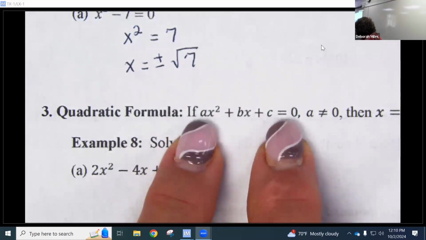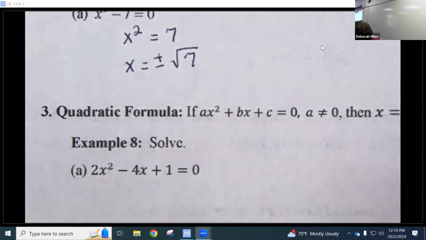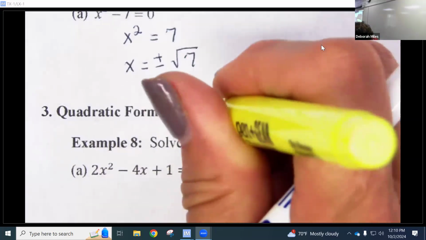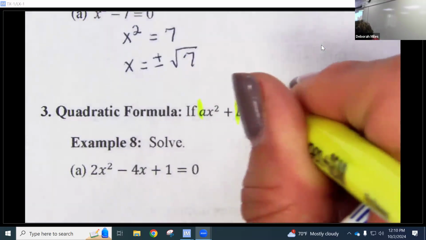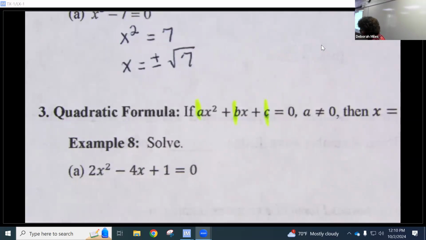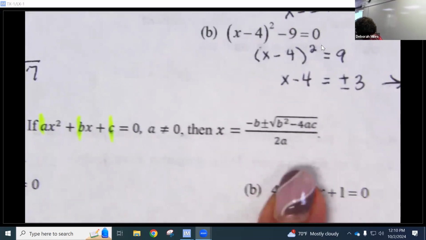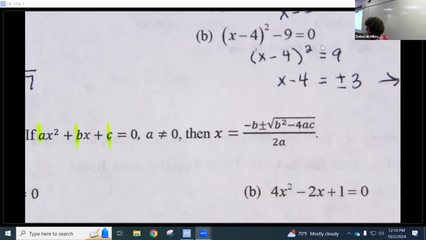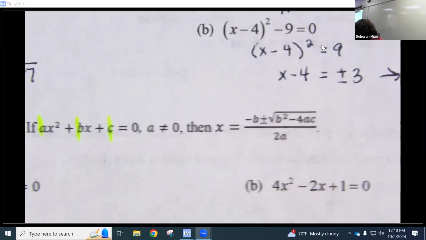Once you have that in standard form, a is your coefficient of x squared, b is your coefficient of x, and c is your constant. You're just plugging numbers into this formula and then simplifying it. And that's why we had to talk about simplifying radical expressions. We had to know how to simplify something like that.